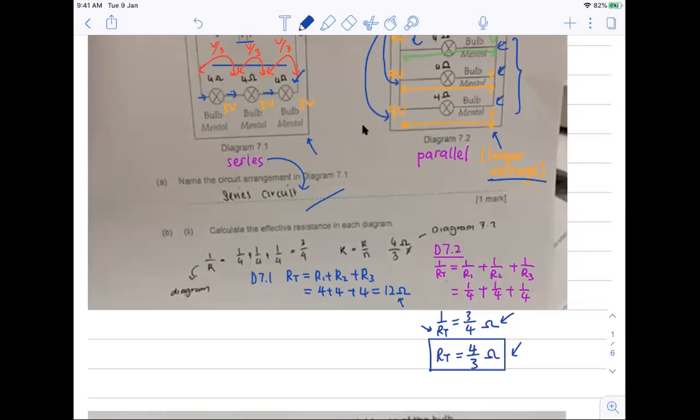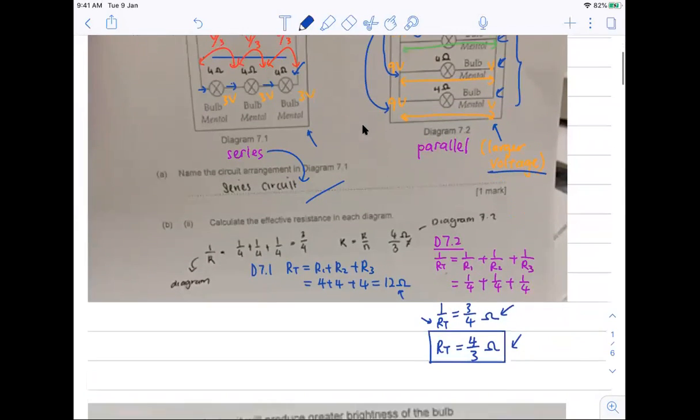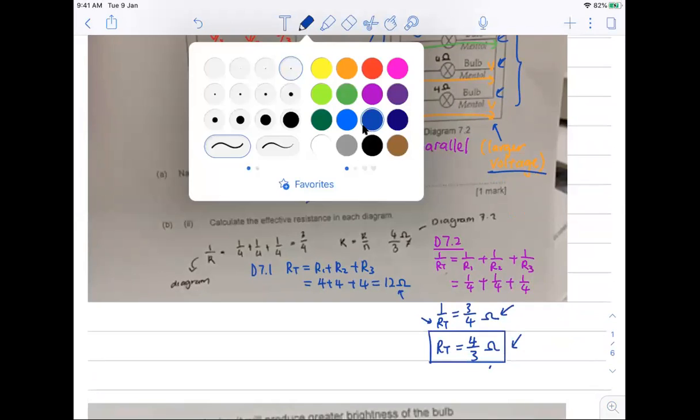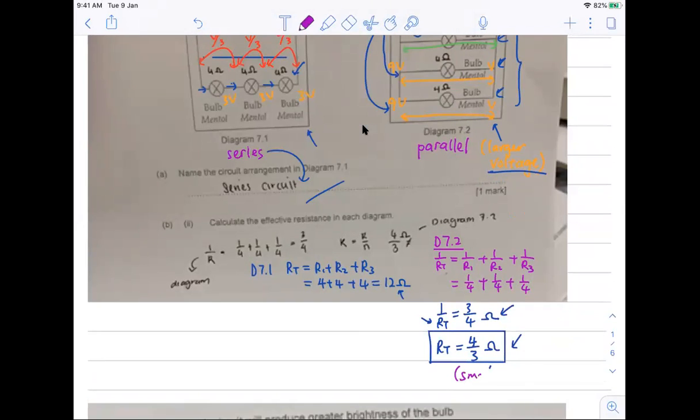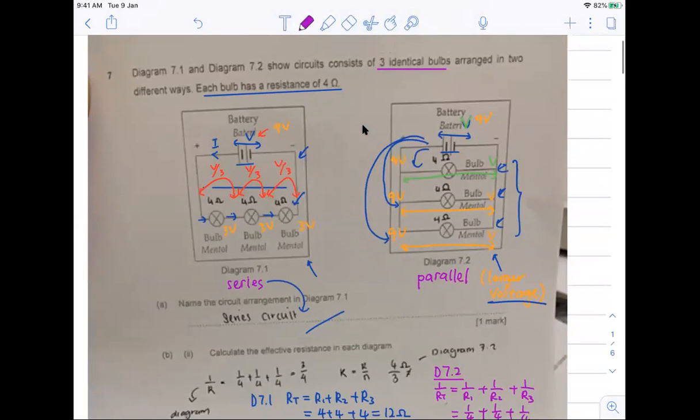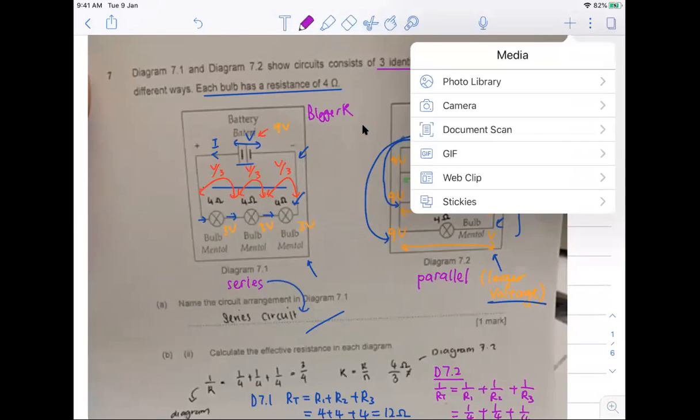So diagram 7.2, which is a parallel connection, has a smaller resistance. This has a smaller resistance, and this has a bigger resistance.